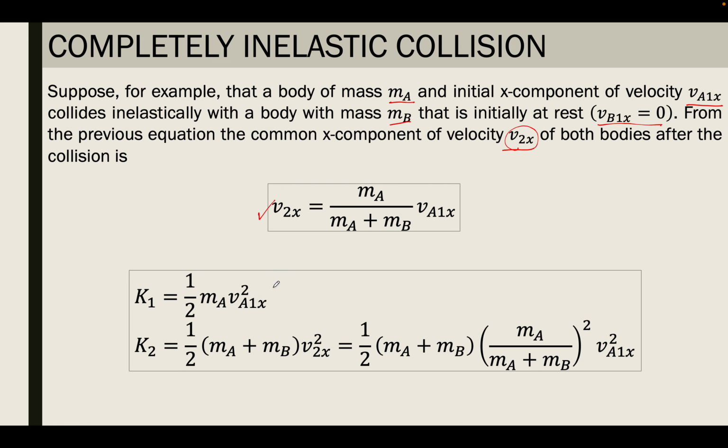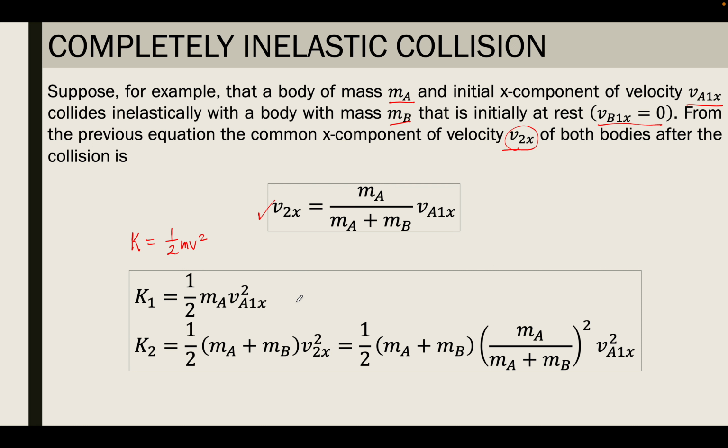Okay, so how about the initial and final kinetic energies of this situation? For the initial kinetic energy, take note that kinetic energy is equal to 1/2 m times v squared. So the initial kinetic energy of the system is 1/2 m sub a times vA1x squared.